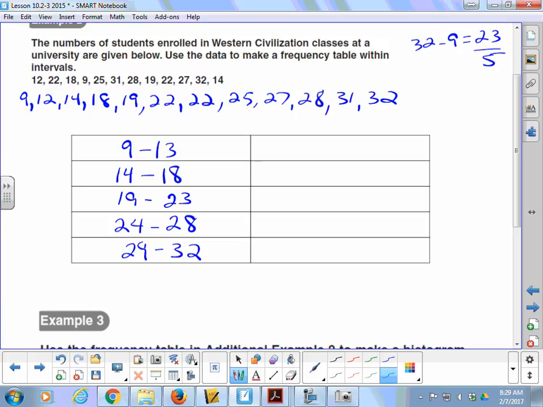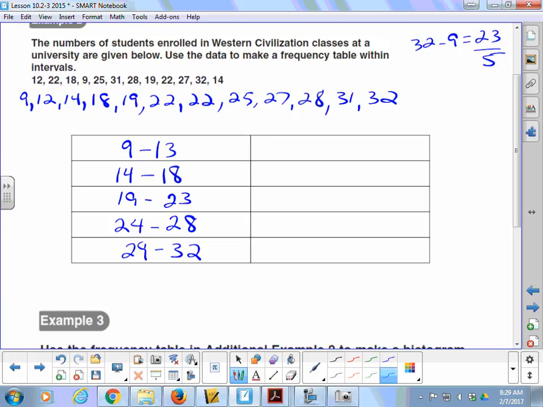Now, you could change this. We could go from 6 to 10, 11 to 15. We could do things like that also. But you just need to make sure that these are the same width, and you want about 5 or 6 of them.